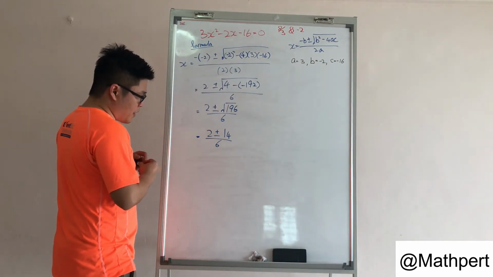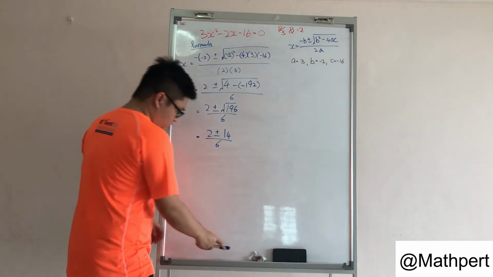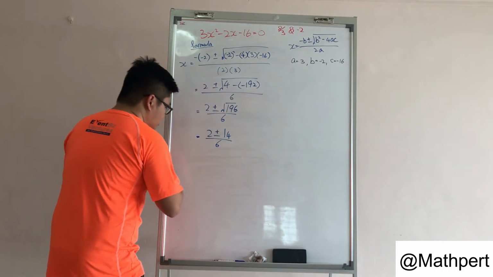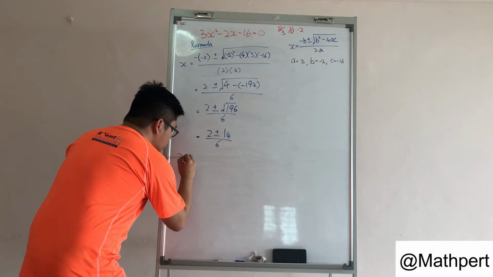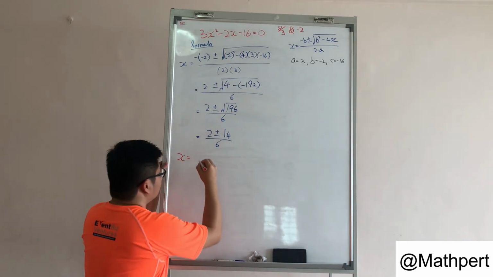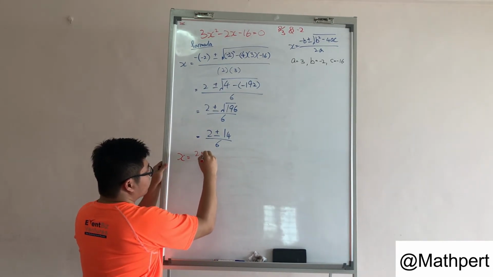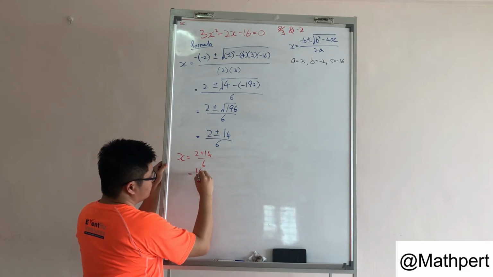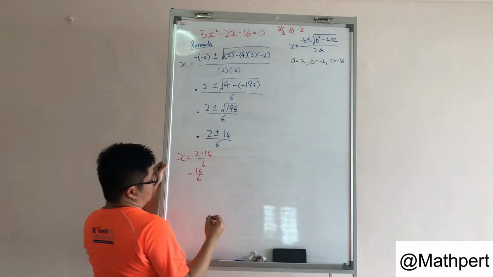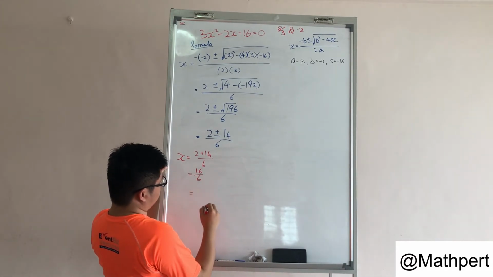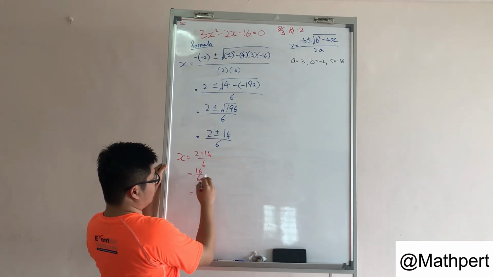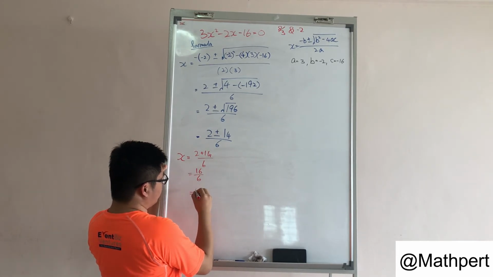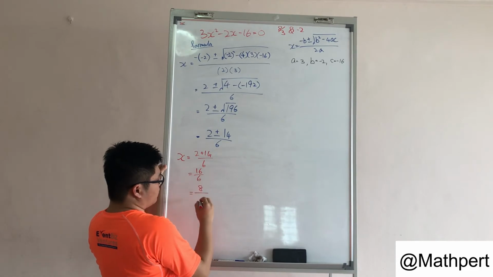Okay, there are two parts, plus and minus. So let us put at the plus. So x is equals to 2 plus 14 over 6 is 16 over 6, which can be further simplified divided by 2. 16 divided by 2 is 8. 6 divided by 2 is 3.